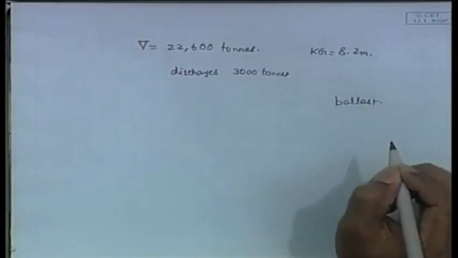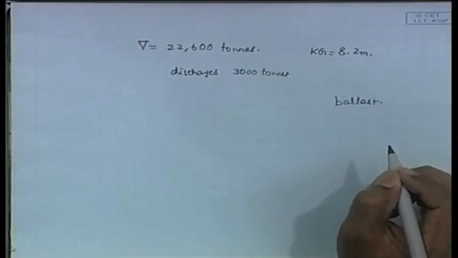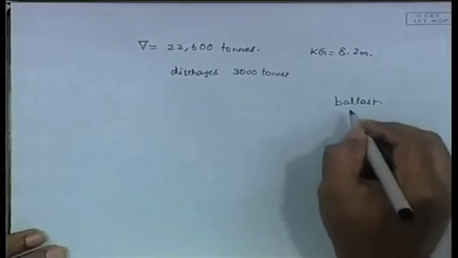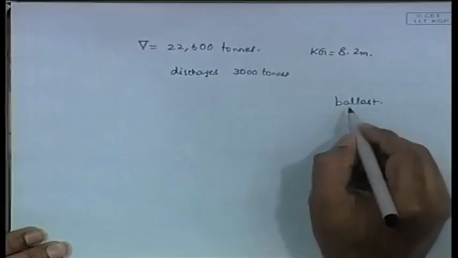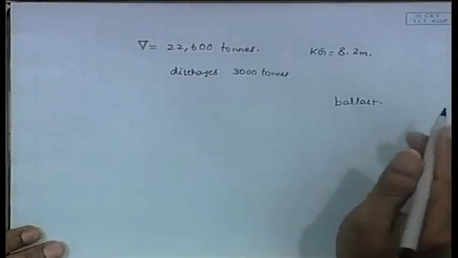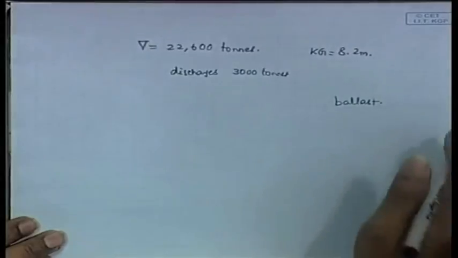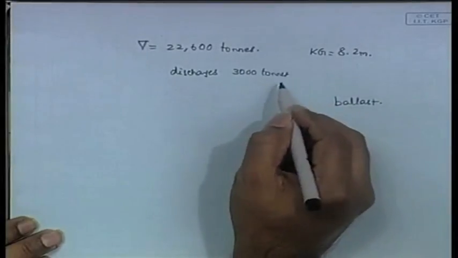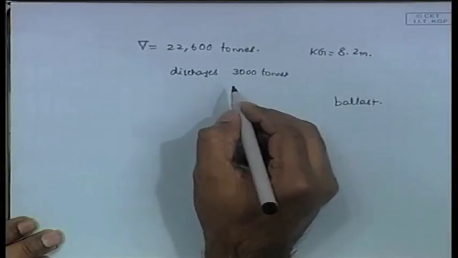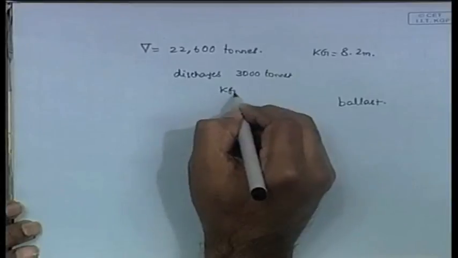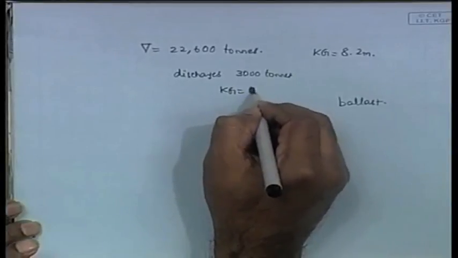Do I have time to finish this? Okay, I'll just explain this. So you take in water and leave it, and that water is also called ballast water. It says that it discharges 3,000 tons of ballast, and the KG of that ballast is 2 meter.